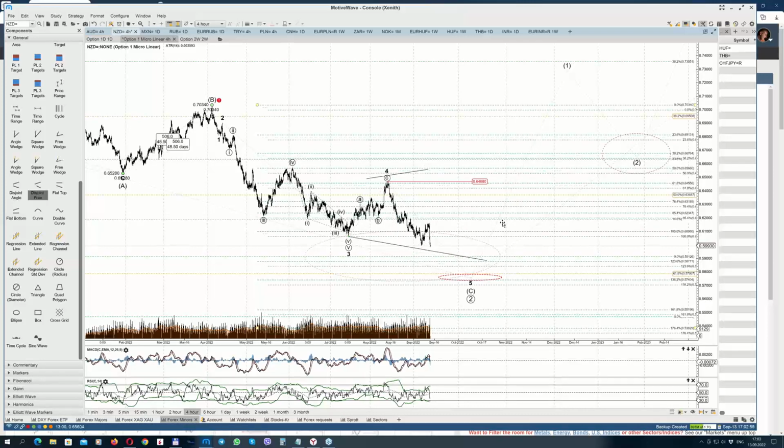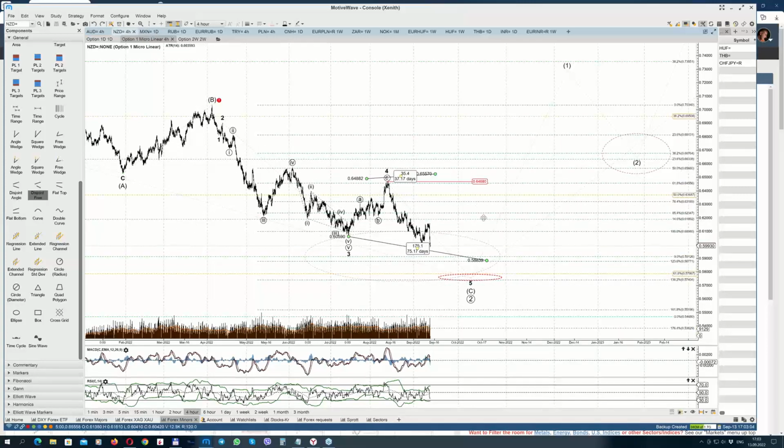I mean this potential ending diagonal. One, two, three, 4, and then 5 towards the ideal target.